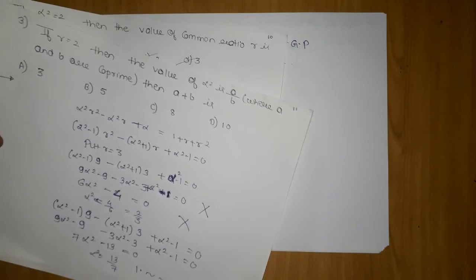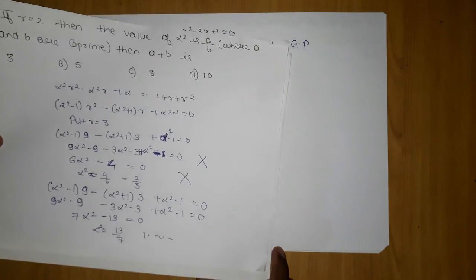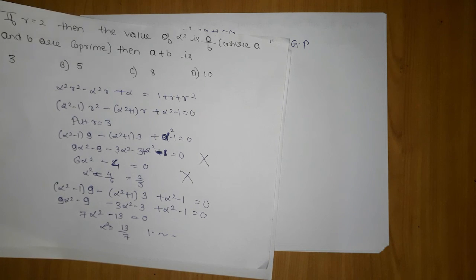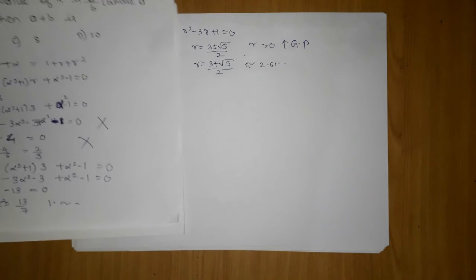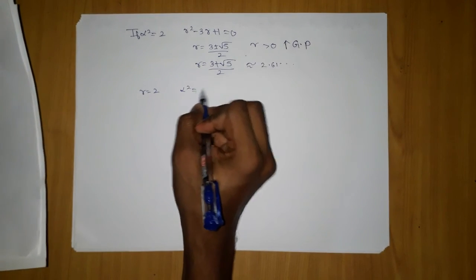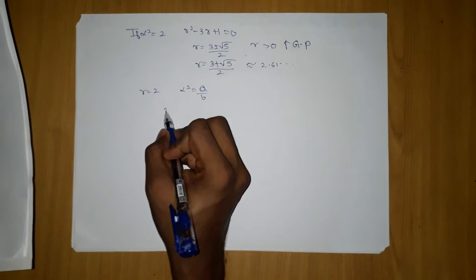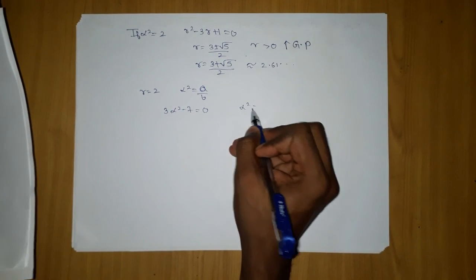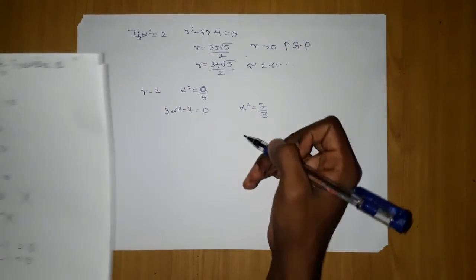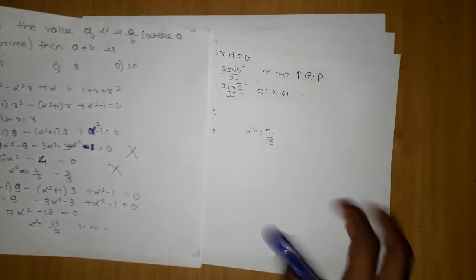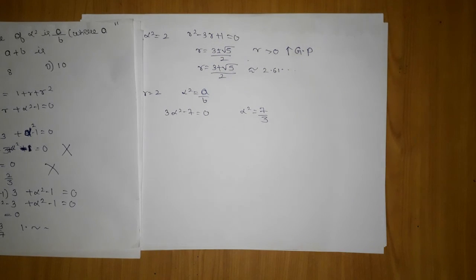Now the last question is, if r equals to 2, then the value of alpha square is a by b, where a and b are co-prime, then a plus b is what, okay. So r is equals to 2, we will get alpha square some value a by b. If you observe, we will get 3 alpha square minus 7 equal to 0, so we will get alpha square is equal to 7 by 3. We are putting the value and getting the answer, using the first equation.